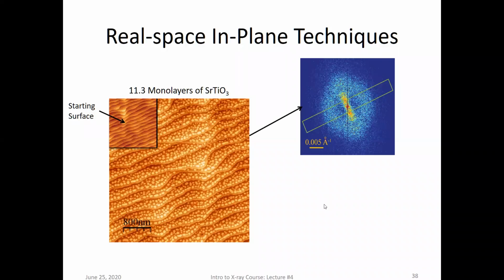So what I can do is take my AFM image and take the Fourier transform, and I should get something similar to the diffuse scattering. This is a digital Fourier transform of this image, and what you see is a sort of ring of scattering. Then if I was doing an X-ray experiment, where would I be looking? The way we set it up was to look in this particular direction.